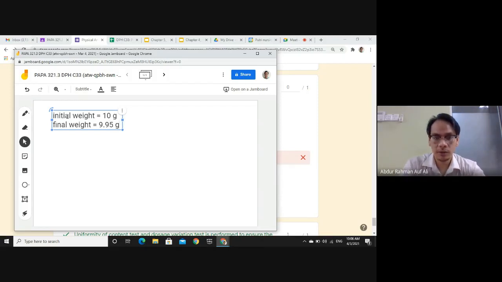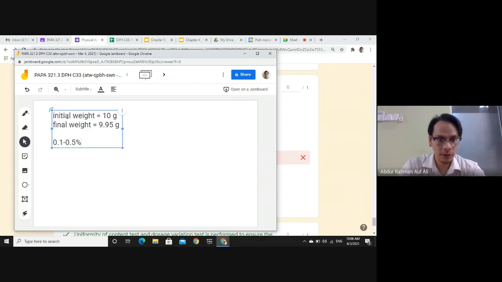Okay, so the specification kata 0.5 to 0.1% loss. Dia boleh hilang sebanyak 0.1 hingga 0.5% saja. So paling sikit dia boleh hilang adalah 0.1%. Paling banyak dia boleh hilang adalah 0.5% daripada weight dia, weight asal.